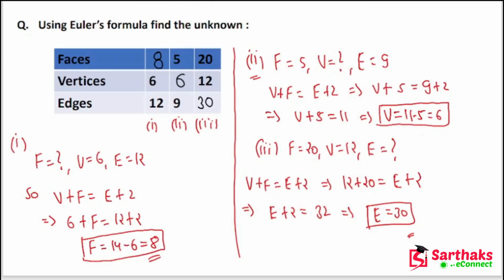So you can clearly see that this was all about Euler's formula, and Euler's formula is a very simple concept. You just have to remember that the number of vertices plus the number of faces would be equal to e plus 2. So you have to remember the formula. Also, if a polyhedron is given, then you should be able to count the number of vertices and faces. Sometimes they can give you a figure and ask you to verify Euler's formula.